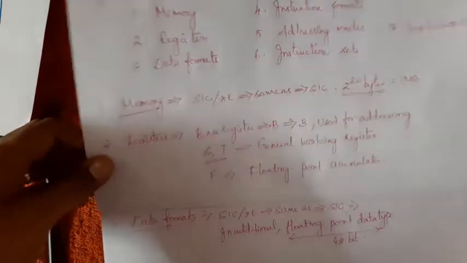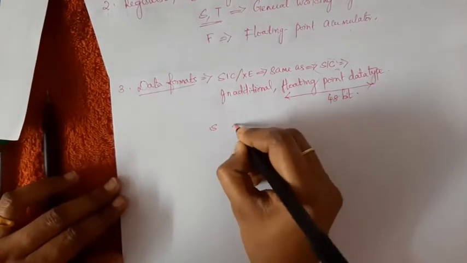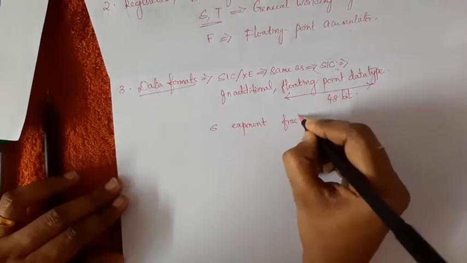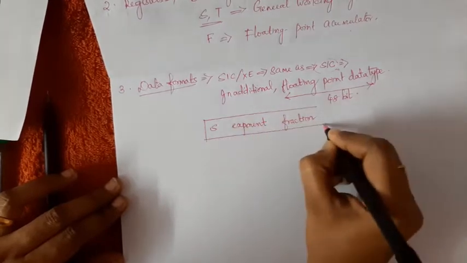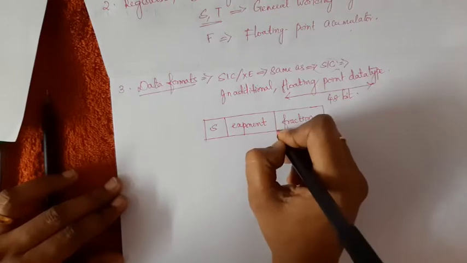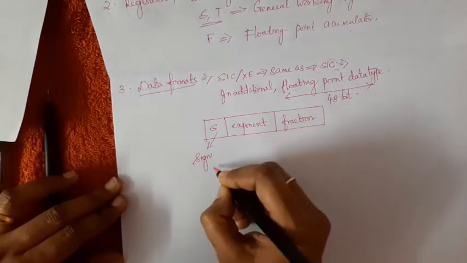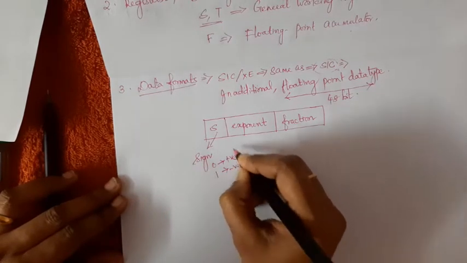And now we'll see the format of this. S for sign, and this is for exponent. Another one is fraction. S is indicated by sign: 0 for positive and 1 for negative.